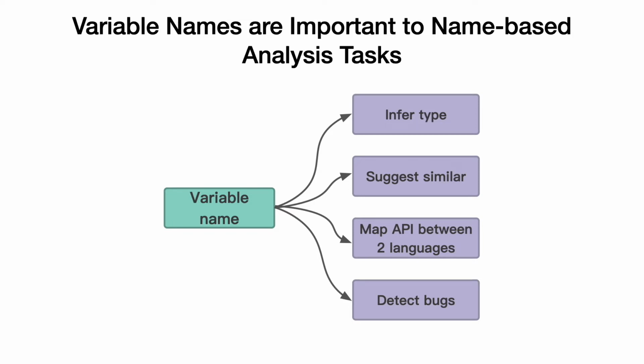In the software engineering community, there are also a wide range of applications that can potentially benefit from a good understanding of variable names, like inferring the type of variable from the name, or suggesting similar or better variable names. Other researchers have tried to use variable names to match APIs between different languages, and even automatically detect bugs based on variable names and function argument names.